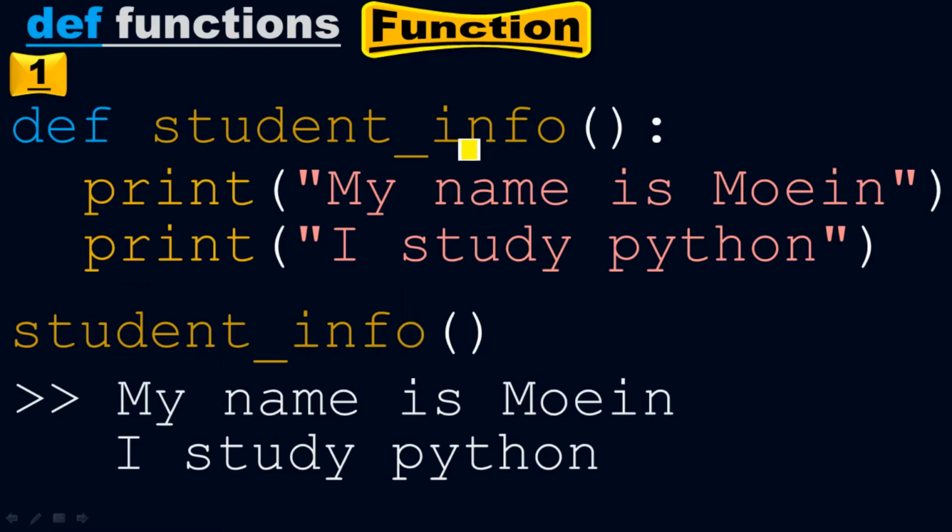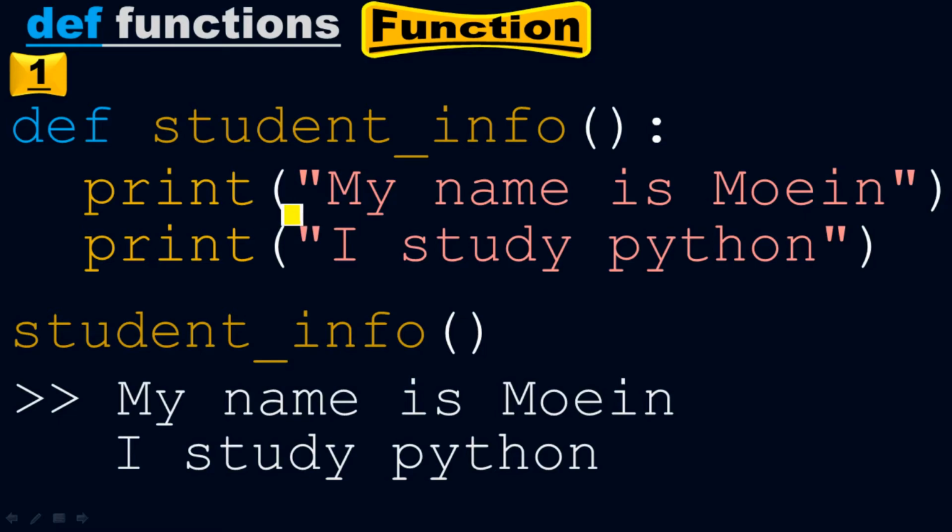So as it goes up, it executes and then takes the print of these statements. That's why we have my name is Moein, I study Python. If you have one print function, you're going to have only one line. If you have two print functions, you're going to have two print statements. If you have three print functions, you're going to have three lines here. So it is up to you.